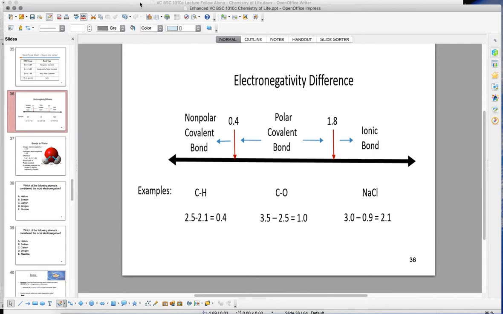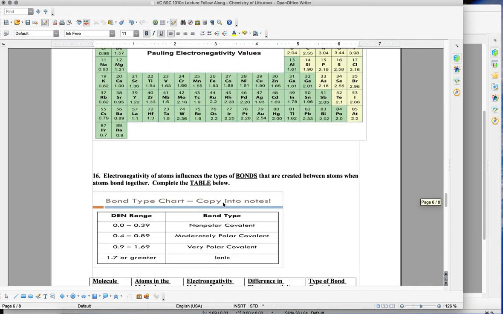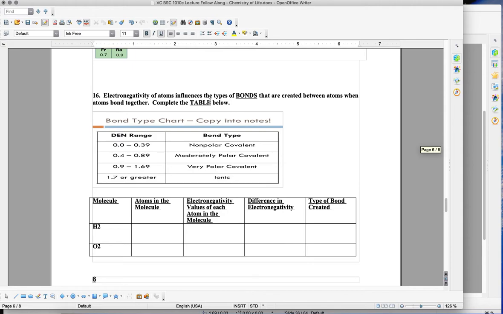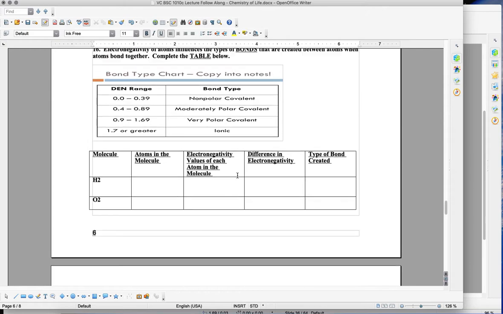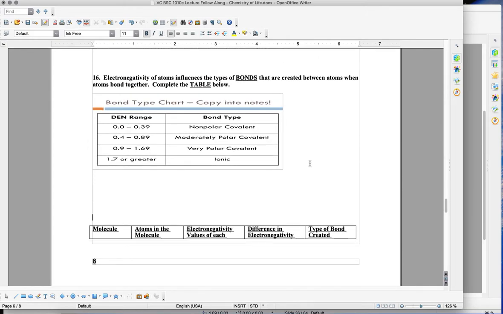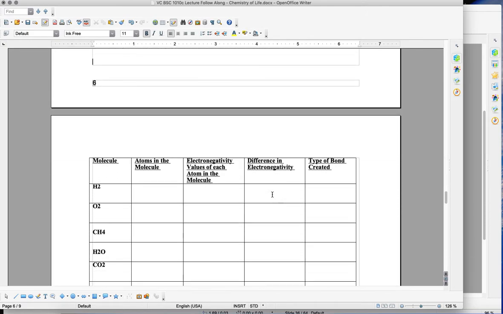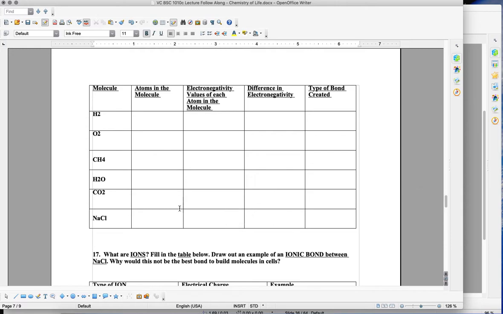We said that electronegativity of atoms influences the type of bonds created when atoms bond together. So we're going to complete the molecules in the table below, using this chart. This is really easy once you see how it all works.